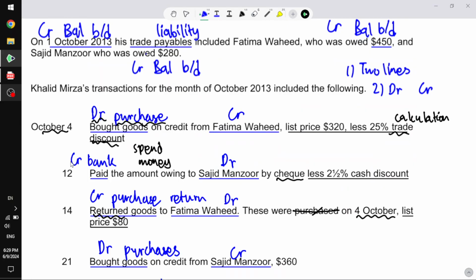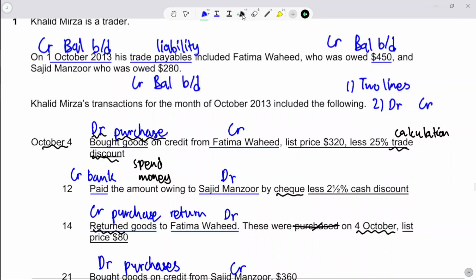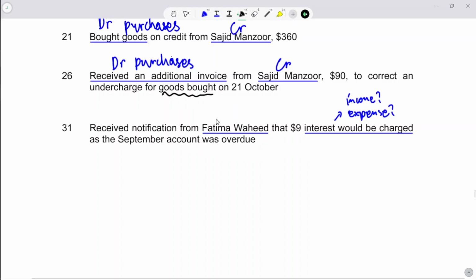Okay, as you can see here, the trade payables is actually a seller. So Fatima is actually the seller, and this one is also the seller. You are the buyer.